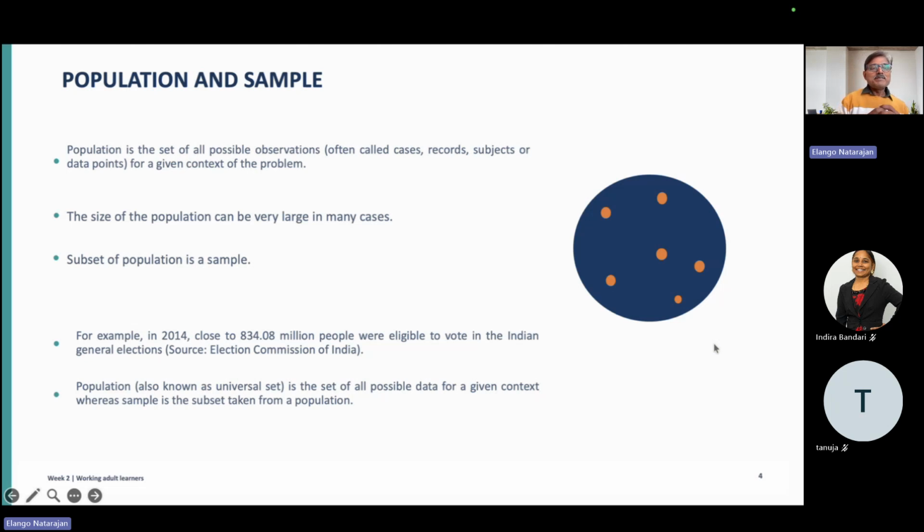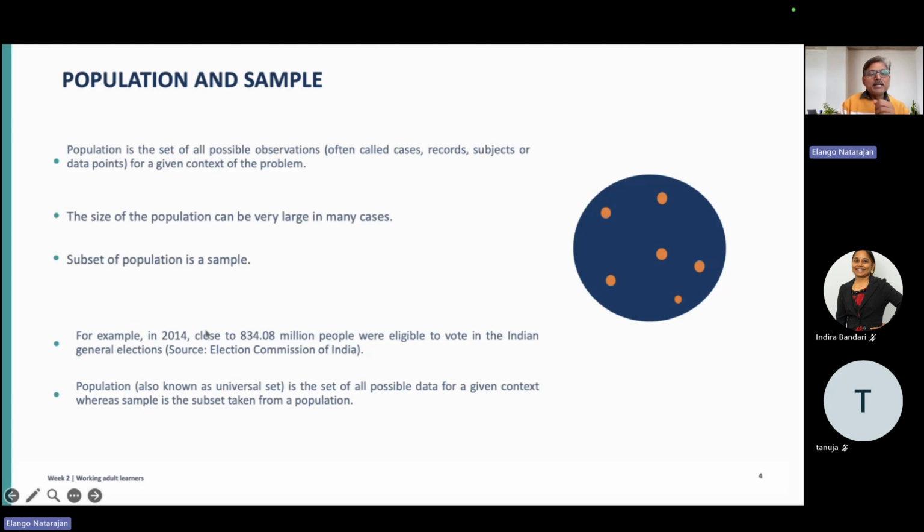But sometimes it may not be possible to do the analysis on population data because of the huge amount of data that we have in our data set. So what we do is we can sample our data. We can sample our data in the sense we can choose a few data points from the population.